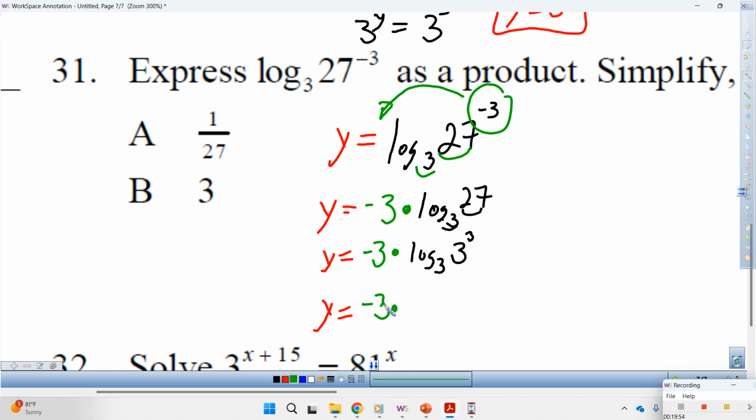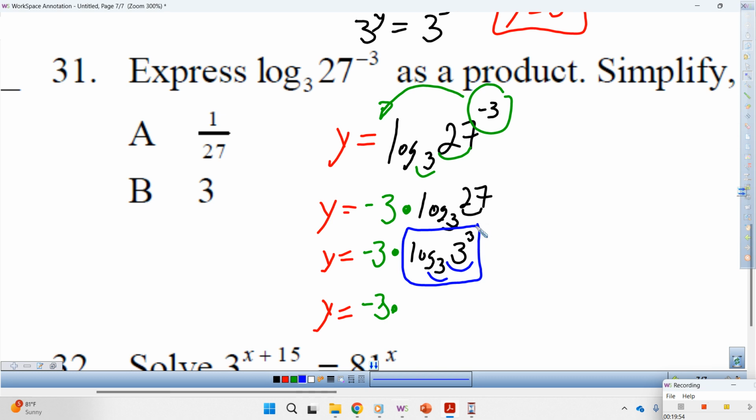y equals -3 times, look up, if we have a log where the base is the same as the given number, tell your neighbor what the answer is for that. What is the answer just for this piece? If the log has the same base as the given number, the answer is what? Pass someone, Jesus.